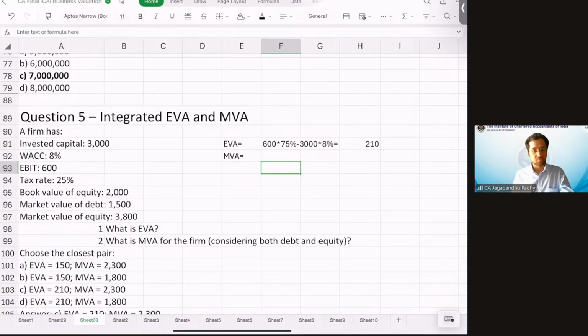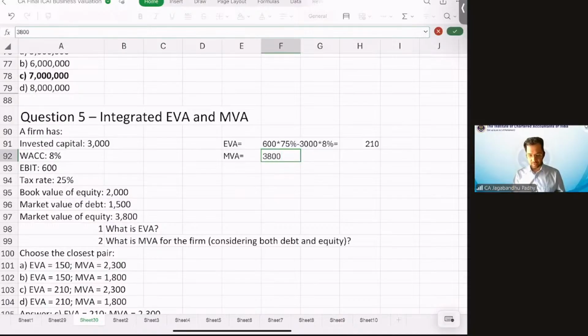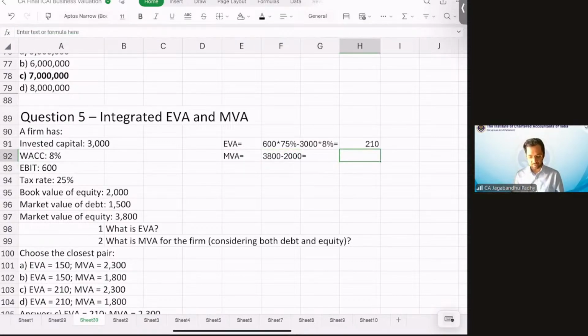Now for market value added, we just have to take the market value of the equity, which is 3,800, minus book value of the equity, which is 2,000. So that's 1,800. So the correct option is option D. Right, guys?